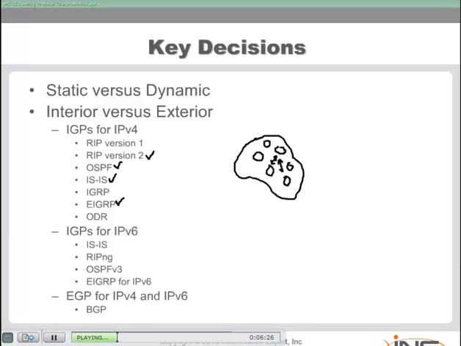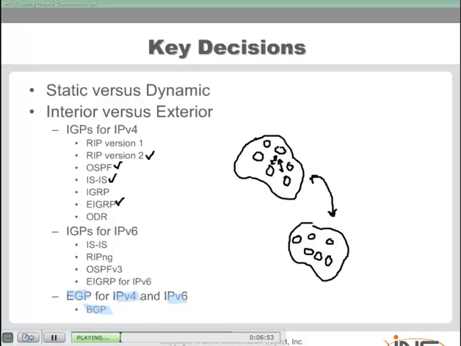But what about for routing between autonomous systems? Okay, what about routing like on the internet when we are going to be routing between large corporations and from service provider to service provider? Well, this is called exterior gateway protocols. And notice for both IPv6 and IPv4, things are real simple here.